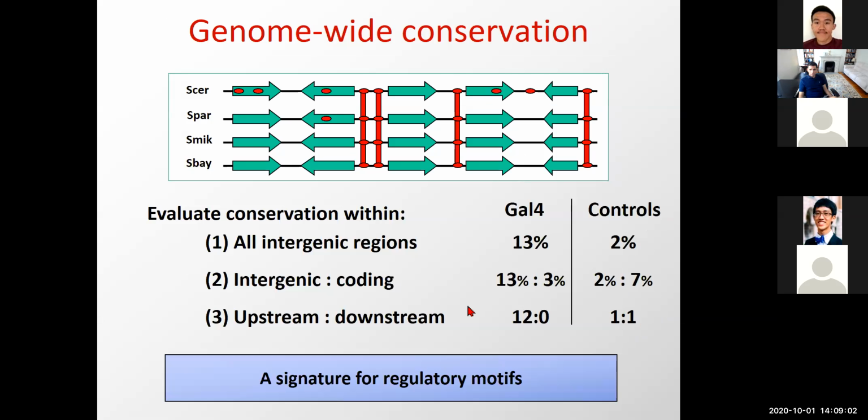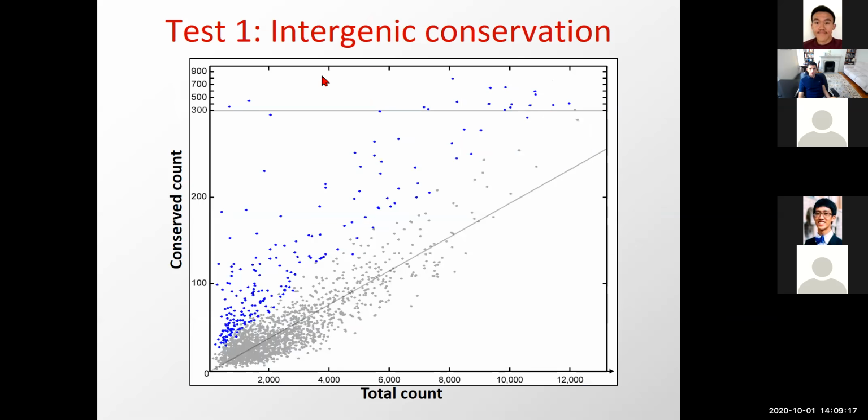All right, so now let's see how many more sequences are kind of like GAL4. Basically, we know that GAL4 passes this test. It's able to be differentially discovered. What other sequences do that? So here's the first test of intergenic conservation. You basically have most of the motifs falling along this diagonal, where the more occurrences I have of the motif, the more conserved occurrences I have.